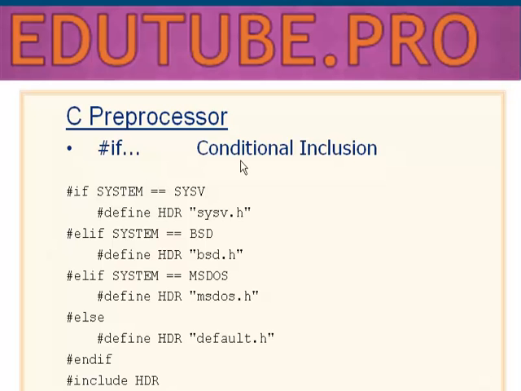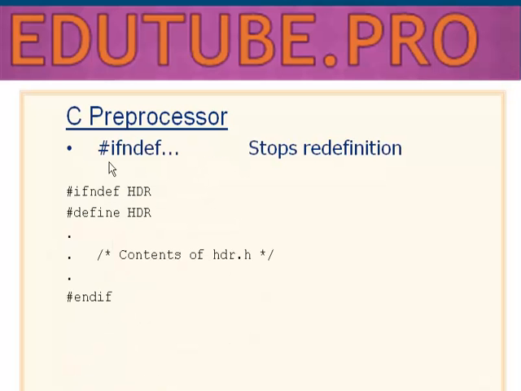So that's conditional inclusion. And we also have a nice item called #ifndef, if not defined, and this stops redefinition. Let's say that inside the header.h file, we can do an #ifndef, if not defined HDR, then go ahead and do these statements, define HDR, and do other things that header.h is supposed to do for us, and then that's the end of our if.